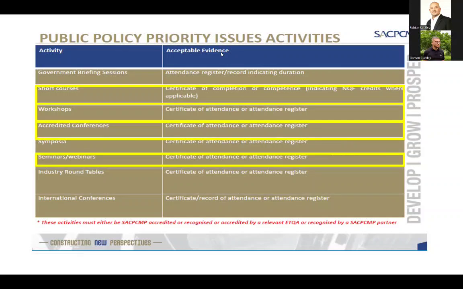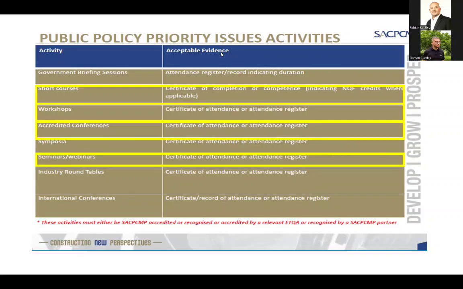The next activity is workshops. If you're going to attend any workshops, what's important to highlight is there must be a certificate of attendance or an attendance register that you sign to say that you did attend that particular workshop. Another one is any accredited conferences. Accredited conferences are those that are recognized by a relevant ETQA or recognized by SACPCMP or an SACPCMP partner.